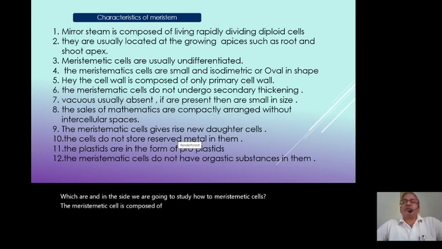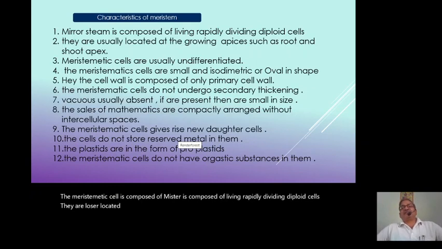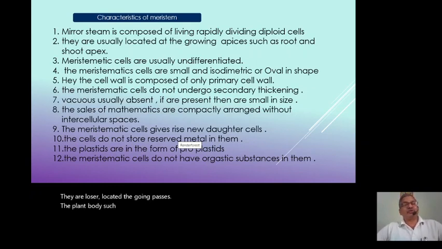Meristem is composed of living, rapidly dividing diploid cells. They are usually located in the growing apices of the plant body, such as root and shoot apexes. Meristematic cells are undifferentiated, so they do not perform any function except cell division.